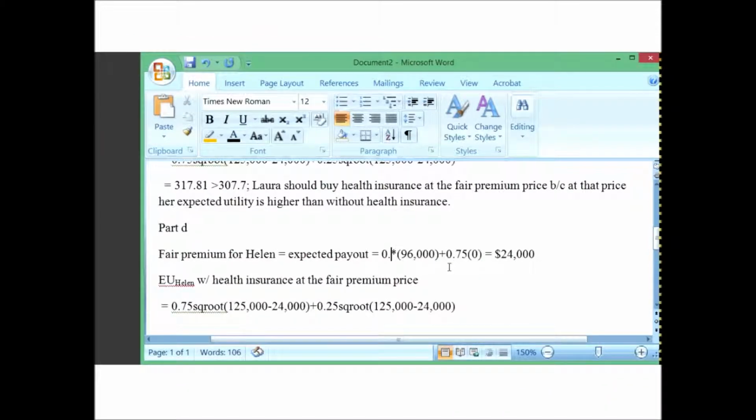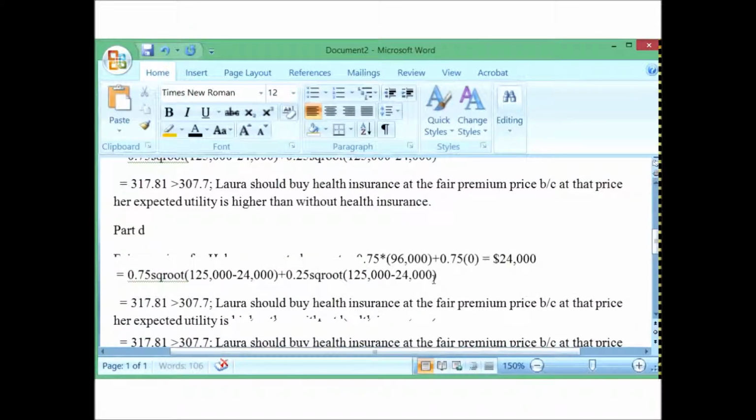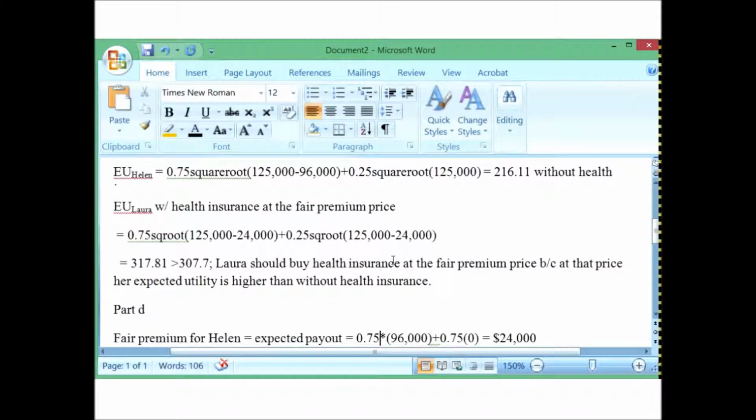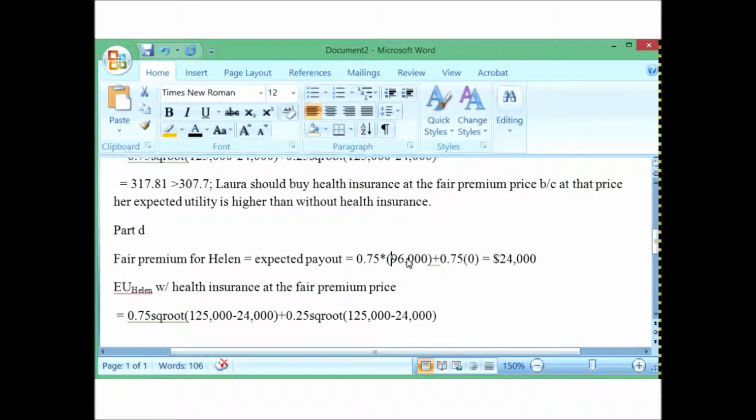There's a 75% chance that she would get a heart attack, and in that situation she would get paid $96,000. Can you calculate the expected payout? The idea there is, if Helen has a higher expected payout, we want to charge her a higher premium, correct? Basically, she's more risky.